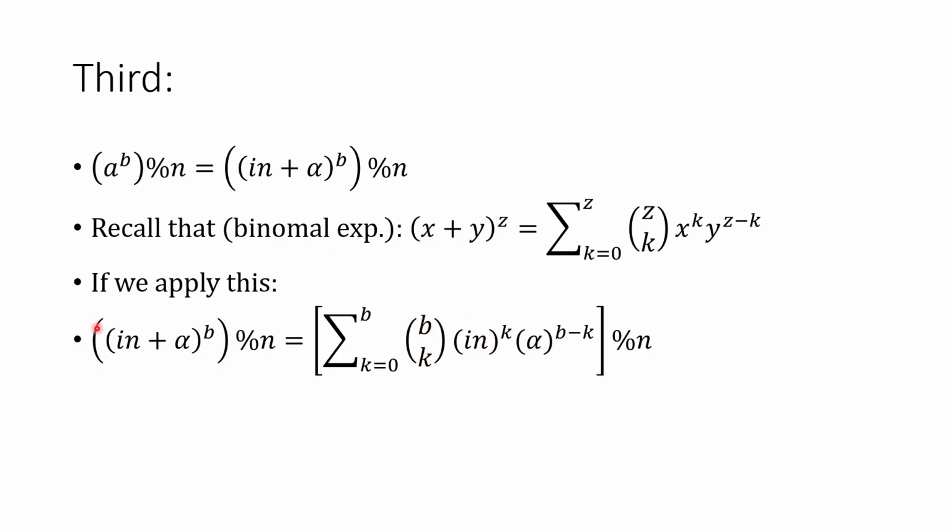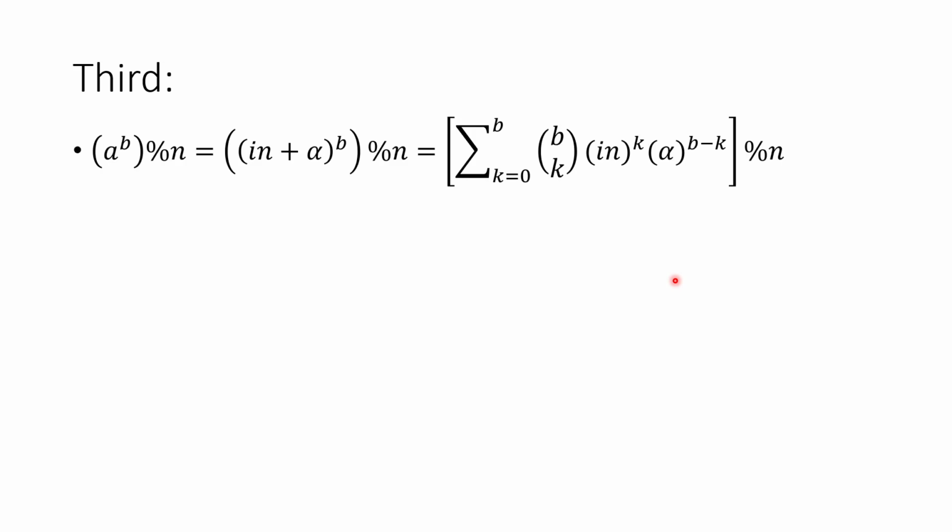And originally what was our x is now n, so n to the k. And then originally what was our y is now alpha, so times alpha to the b minus k, because originally it's z minus k. And all of this, mod n. So kind of not super obvious, but it is mathematically true. So let's see what we can get from that.